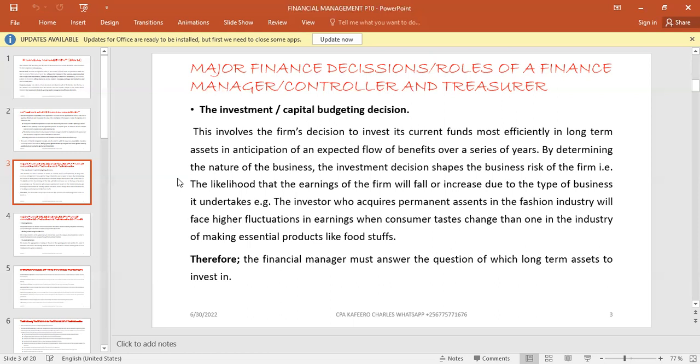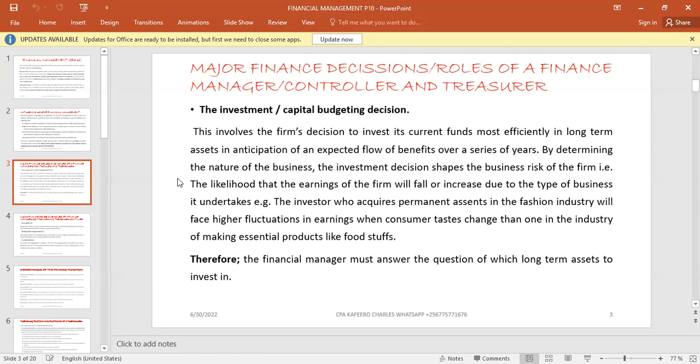So these assets shape the business risk of the firm. That is to say, the likelihood that the earnings of the firm will fall or increase due to the type of business it undertakes. When you're doing a business that is too risky, we expect that you are going to be getting higher profits, but at the end of the day, there is a high chance of the business collapsing.